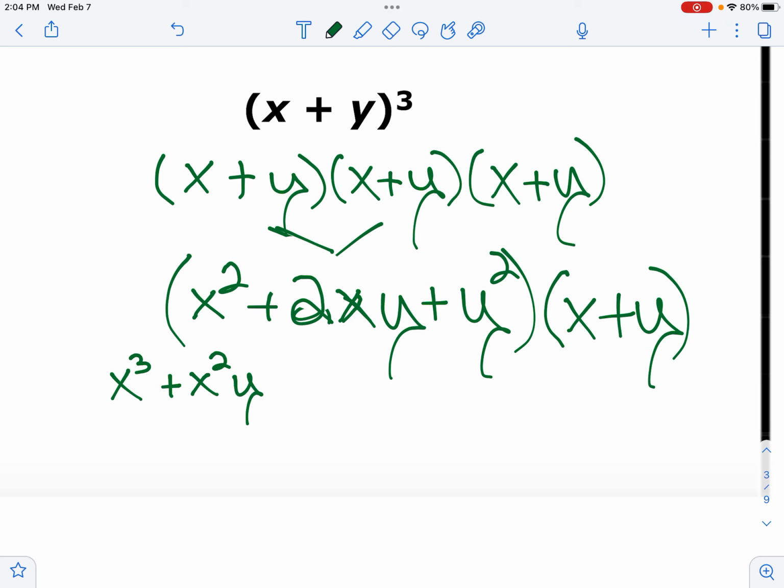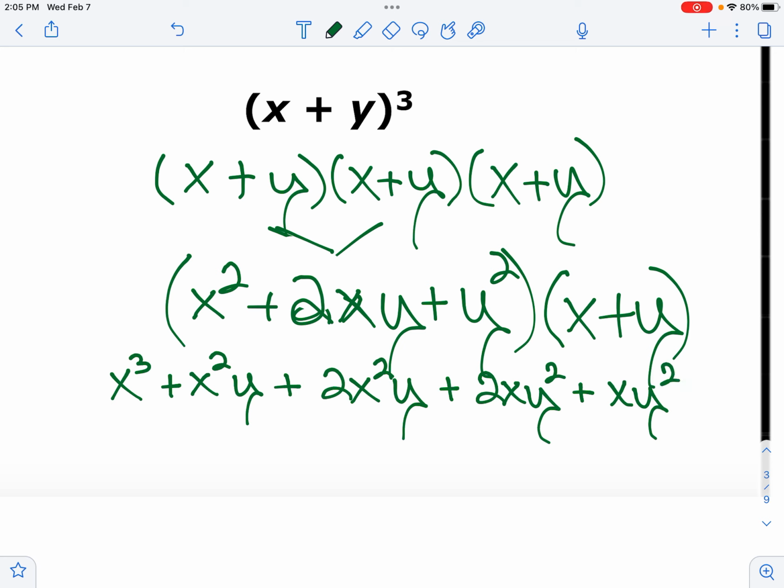Okay, now I'm going to do 2xy times both. So I have 2xy times x would be 2x squared y. And then 2xy times y would be 2xy squared. Okay, and then y squared times x would be xy squared. And then y squared times y would be y to the third.